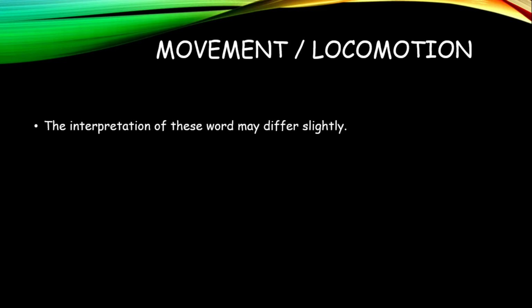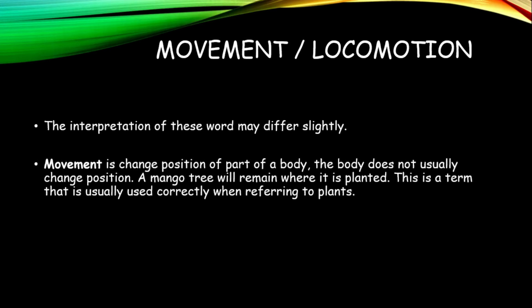The interpretation of these words may differ slightly, and that's the interpretation of movement and movement or locomotion. The interpretation is a little bit different, and let's look at it. Movement is change in position of part of the body.